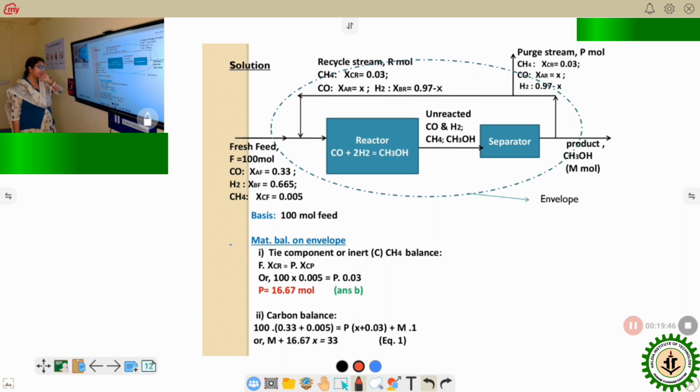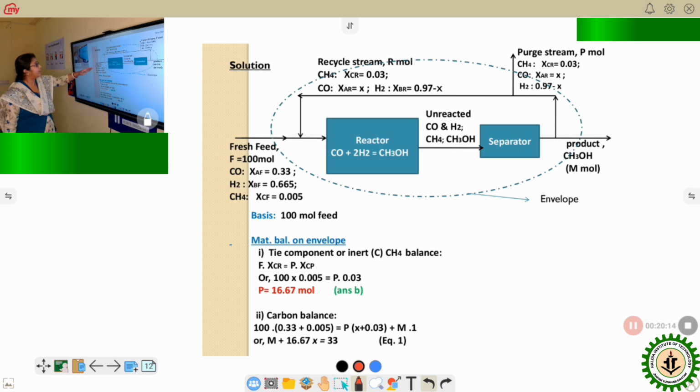XAF is represented for carbon monoxide. A is carbon monoxide, B is hydrogen, and C is taken as methane. So XAF is the mole fraction of carbon monoxide present in fresh feed A, that is 0.32. For hydrogen, mole fraction is 0.665 and for methane it is 0.005, as per the given data in the problem.